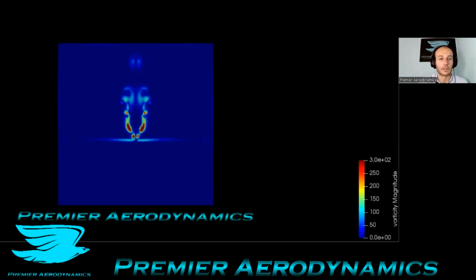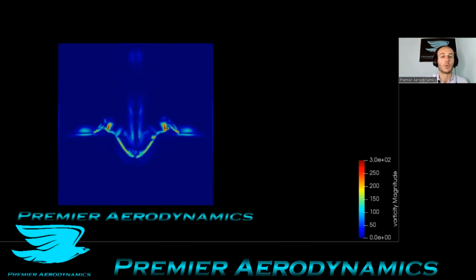And as the droplet enters the water, you not only have vorticity in the water, you also have vorticity in the air. You can see this vorticity that's been left behind by this droplet falling down in the air. And as the water goes up the walls, these vortices form, or at least vorticity forms.